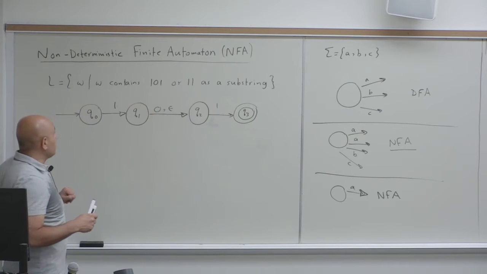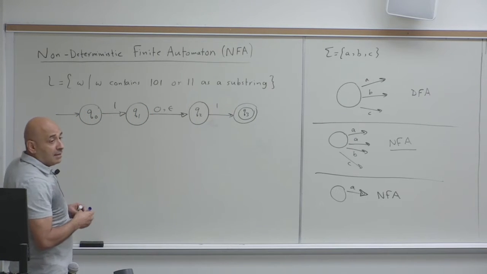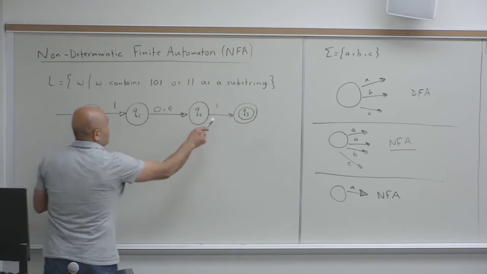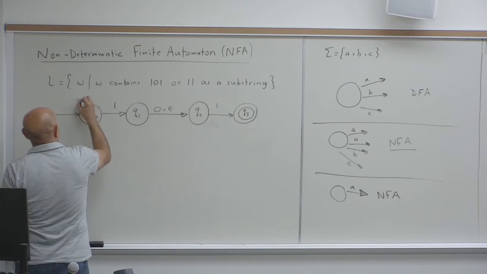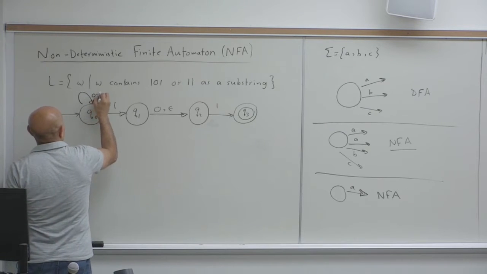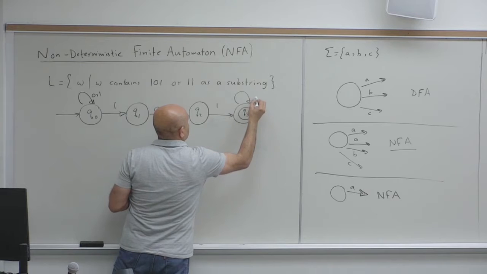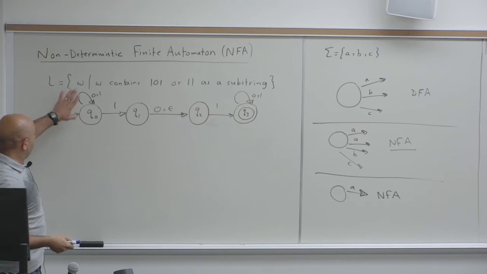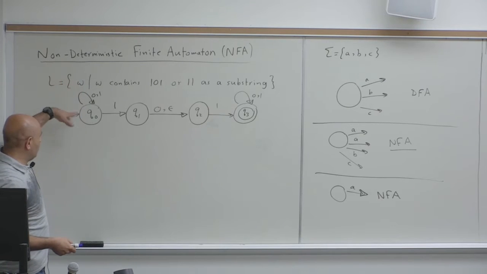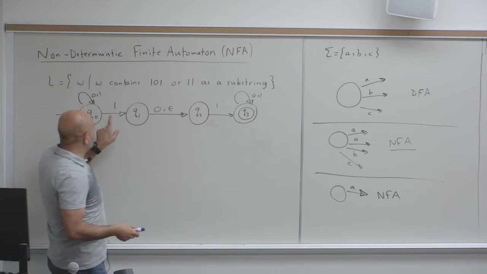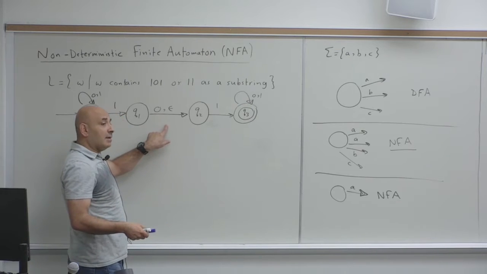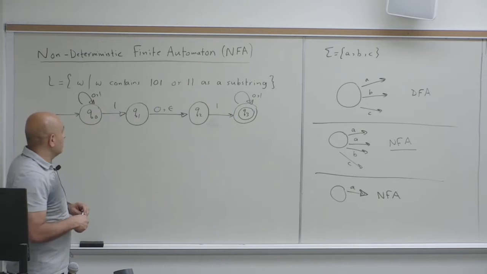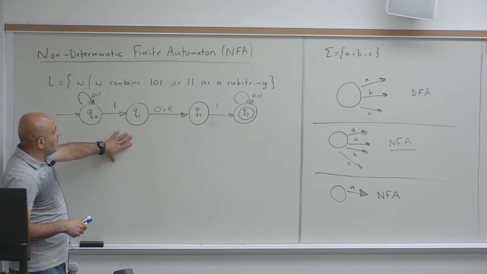Before and after this substring that I'm looking for, I can have anything, which you can just express as 0, 1, 0, 1. So, any string, which could be empty or non-empty, followed by 1, then 0 or nothing, then 1 will get you to an accept state.